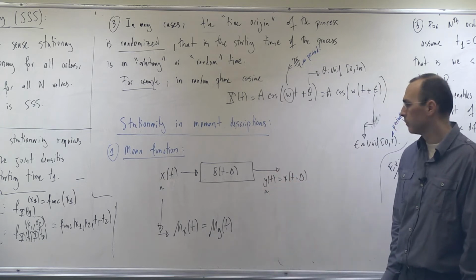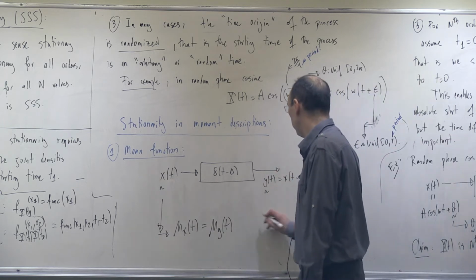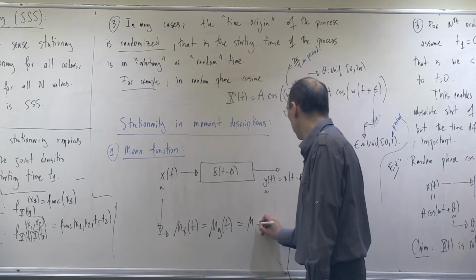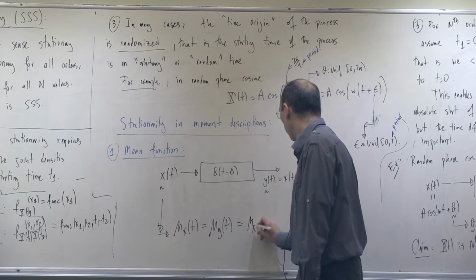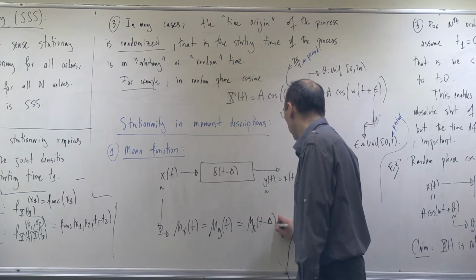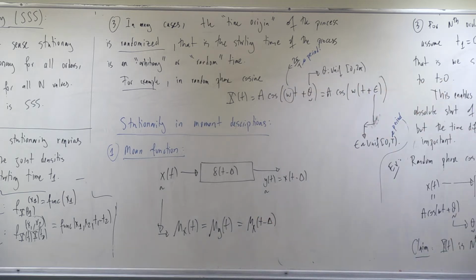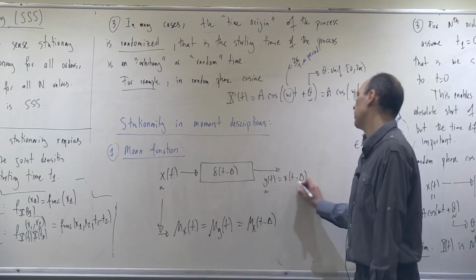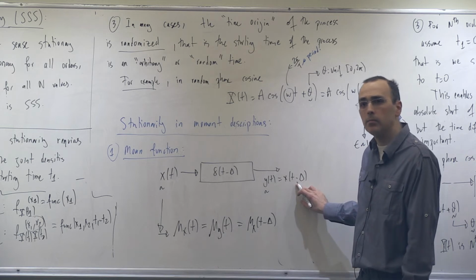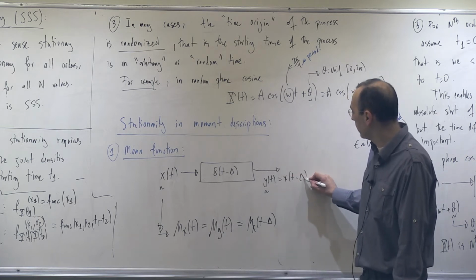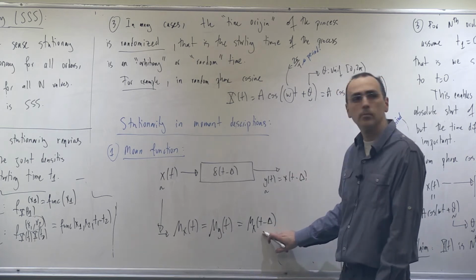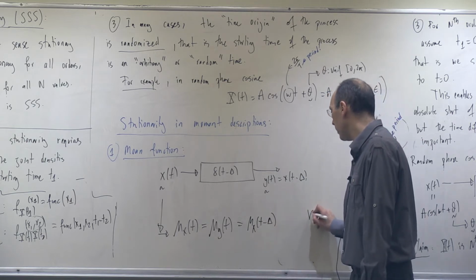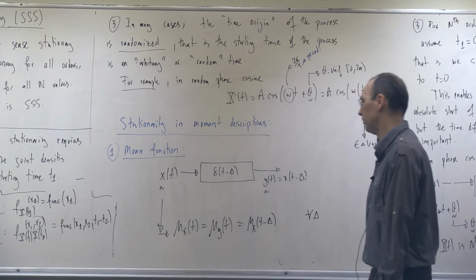And this is equal to, do you see this, t minus delta, because the expected value of y of t is the expected value of x of t minus delta, and that is the mean function evaluated at t minus delta. But the critical thing is this should be valid for all delta.